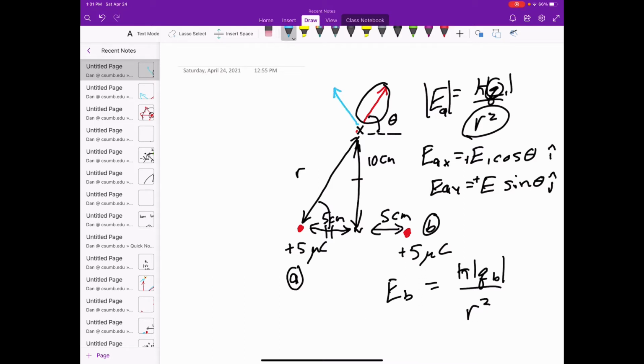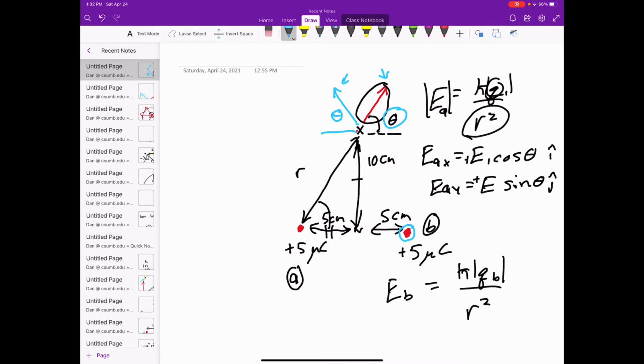That represents the electric field caused by the charge on the right at the point X. So my goal here is I need to add the blue arrow and the red arrow together. And you can probably see that they're symmetric, so they're going to be identical in size. The angles are the same, so this angle here is going to have to be the same as that angle there. That's one of the other questions that's asked in this problem.